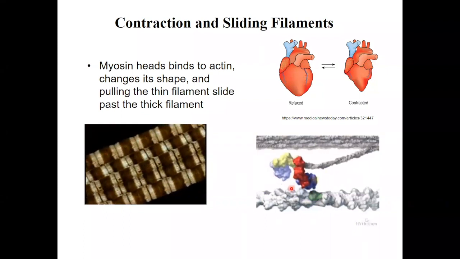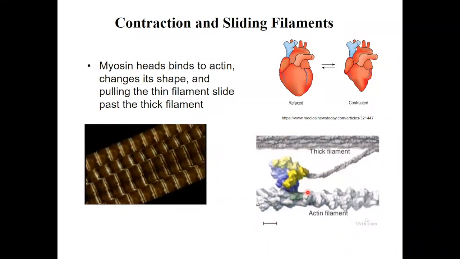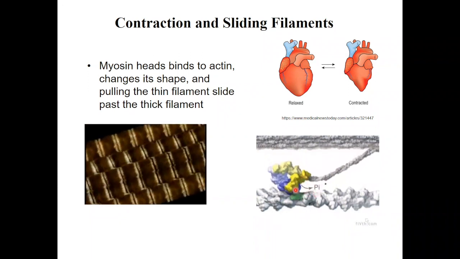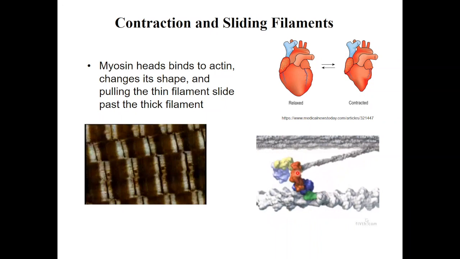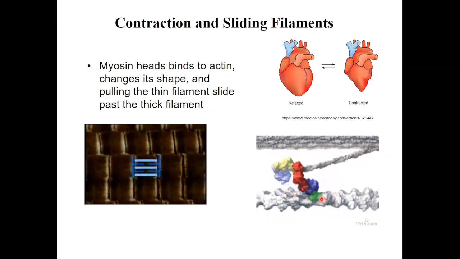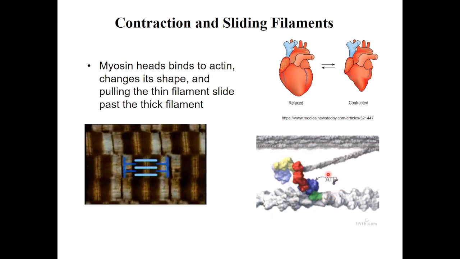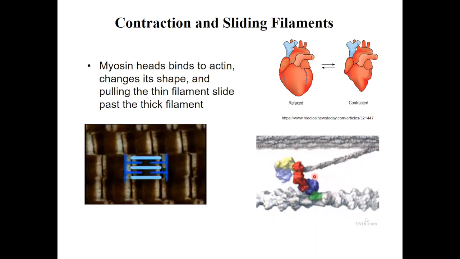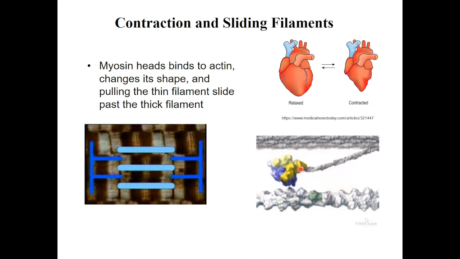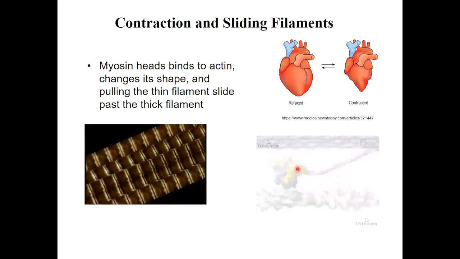Muscle contraction is powered by ATP hydrolysis. Once myosin binds to actin, it undergoes the power stroke and pulls the thin filament toward the middle of the sarcomere. Then another ATP binds and is hydrolyzed, which cocks the myosin back to the relaxed state, so you undergo another cycle.